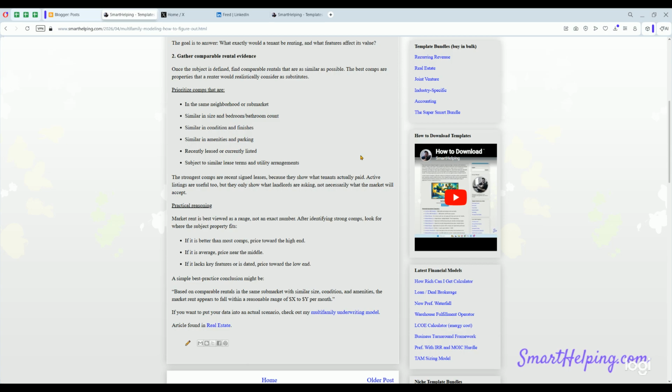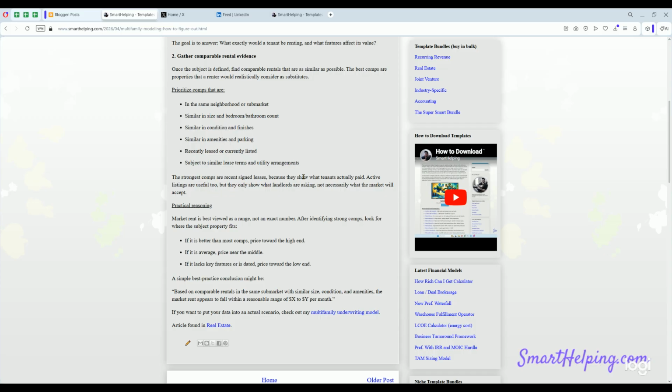Now, how much do you lower that by or raise it by? You have to assign some percentage or make some reasonable estimate on the value of those amenities and what you think they have in relation to what the rent should be. Strongest comps are recent signed leases.